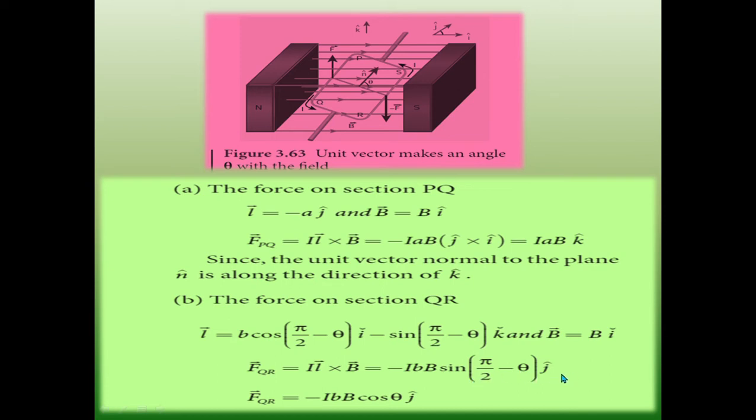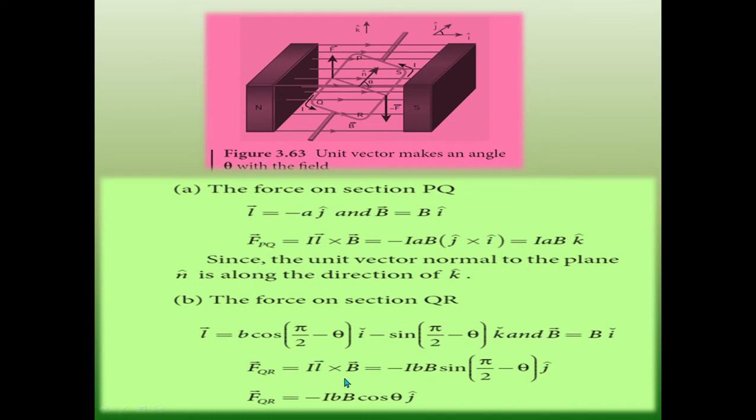Multiplying, I cap into I cap is 0, so the cos(pi by 2 minus theta) term will be 0, because B is nothing but B I cap.